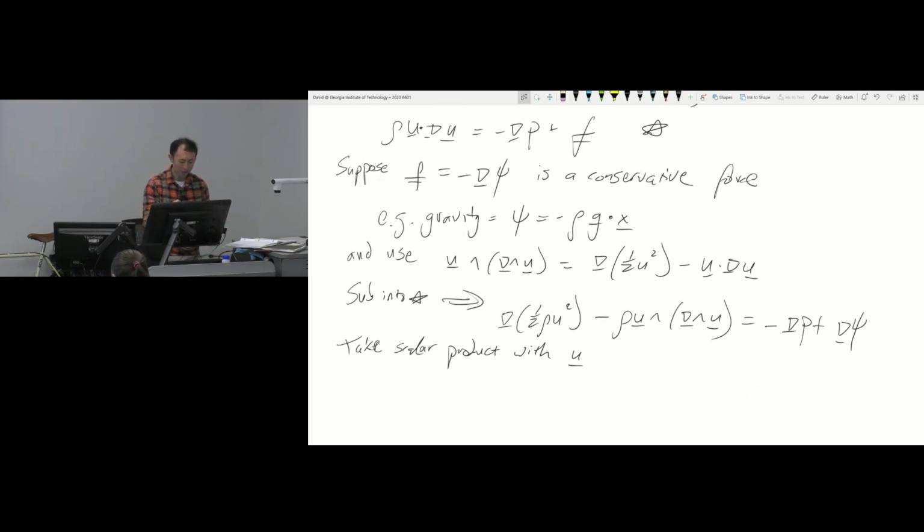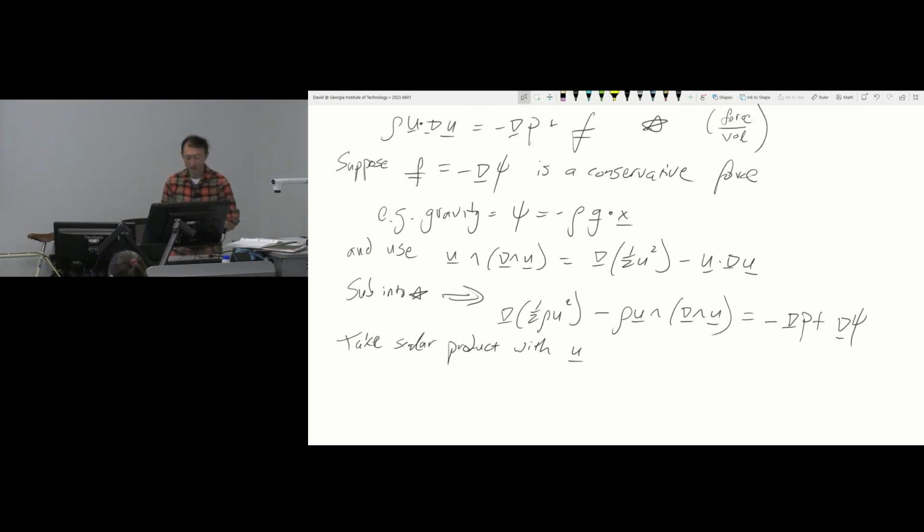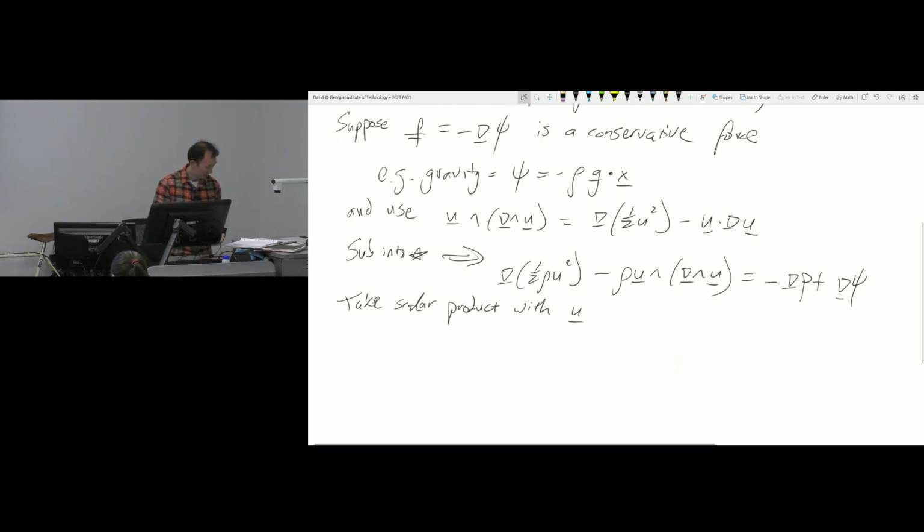The original equation star was units of force per volume. All right. So we're going to take basically a scalar product of that vector equation with a velocity. So force times velocity, that's going to give us power per volume, or energy per time per volume.